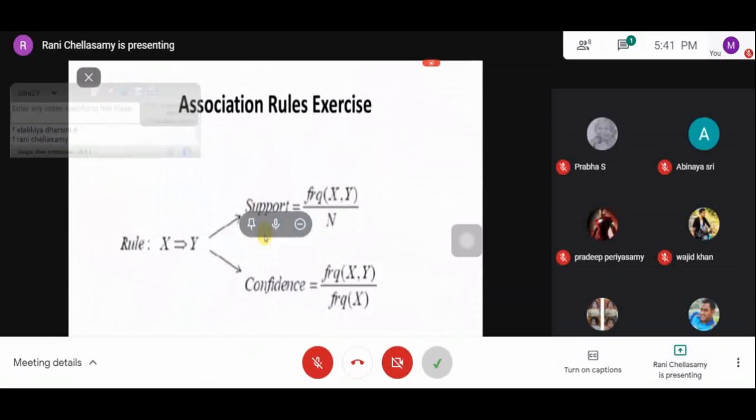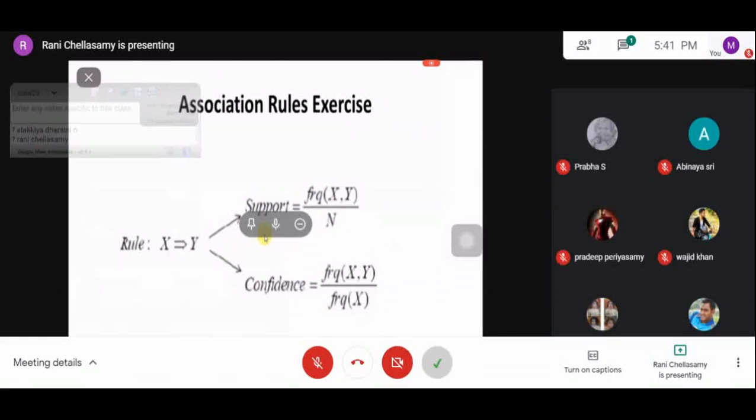Before framing the association rules, you need to calculate the support and the confidence of each item set. We have already seen that these two are the main measures, even though we have seen 3 measures: support, confidence and lift. These two play the major role in finding the association rules.